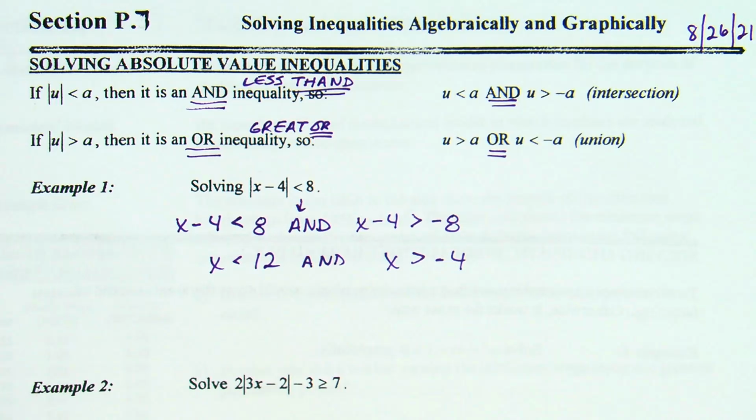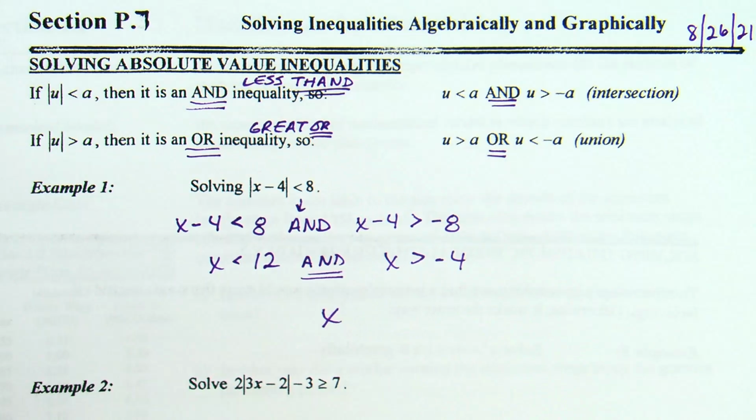Because this is an AND statement, do you remember how we can rewrite it? When it is specifically an AND statement, you can rewrite this as a compound inequality, with your variable in the middle. Easiest thing for me to teach: put the bigger number at the right, smaller number at the left. Bigger number at the right is 12, smaller number at the left is -4.